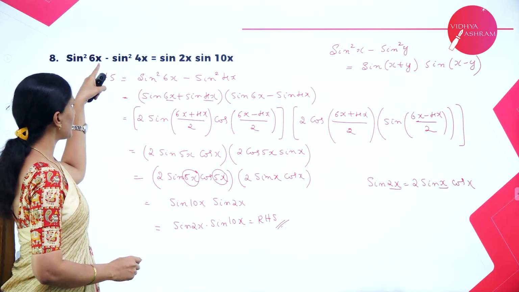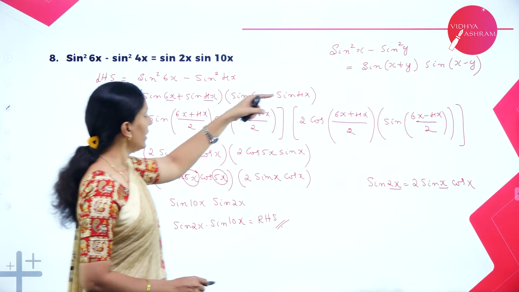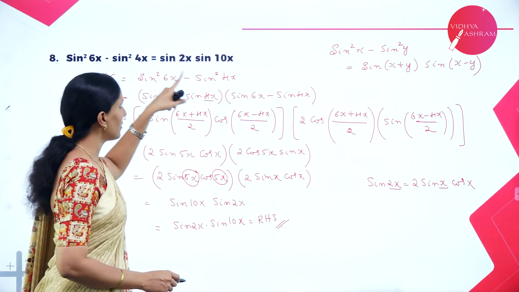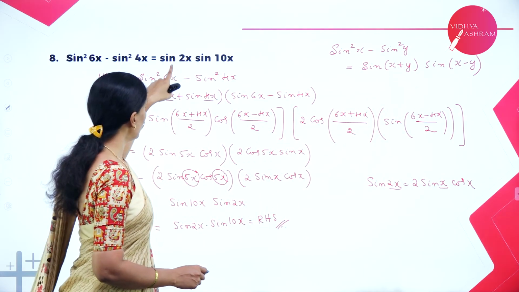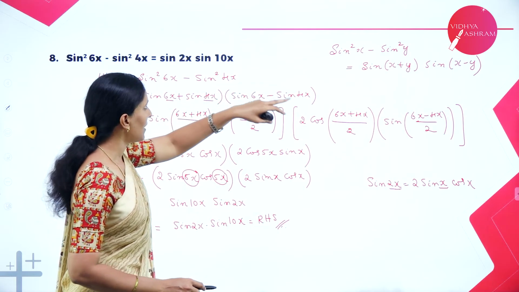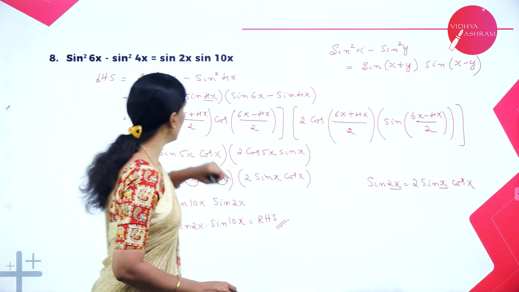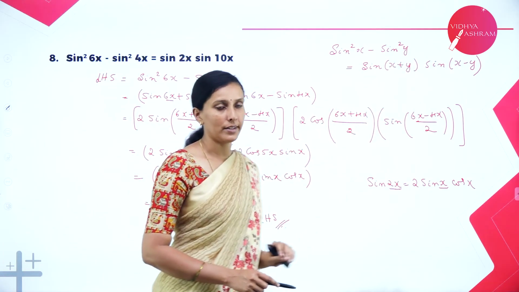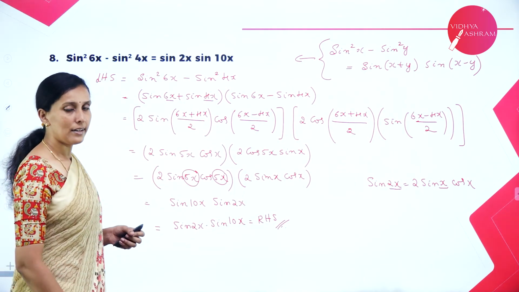In the place of x you have 6x, in the place of y you have 4x. So that's why this is in the form of sin square x minus sin square y. Hence the answer will be in the form of sin of x plus y, sin of x minus y. So 6x plus 4x becomes sin 10x here, and 6x minus 4x becomes sin 2x here. So this is one shortcut method to get the answer easily.